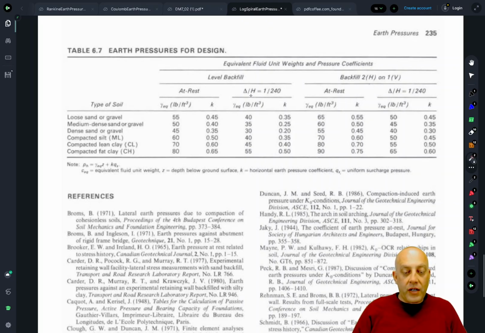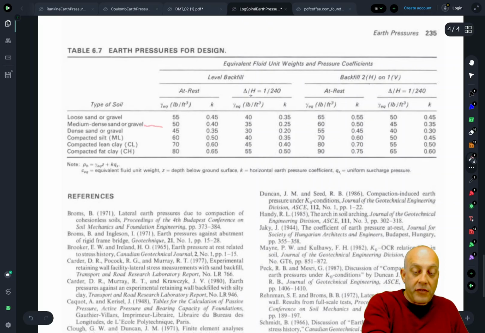The unit weight of water, just for reference, is 62.4 pounds per cubic foot. So 55 is less than water. It means that the pressure acting on the wall would be like if you filled the backfill with a fluid that's a bit less than water instead of the soil there. Then as the sand or gravel gets denser, the pressure goes down to 50, and if it's dense, you'd get down to 45, right?